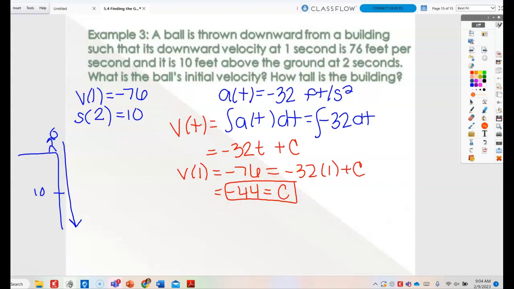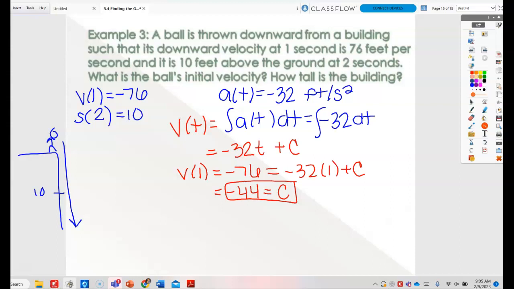So what that means is that the initial velocity would be negative 44 feet per second, because that's where it was being thrown at time 0. So again, if you found v of 0, you'd get negative 44, because that is that constant. And then the velocity would continue to increase at negative 32 feet per second due to gravity.